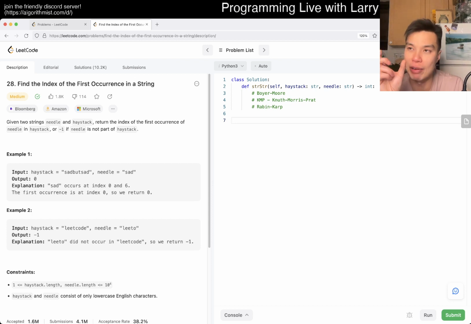Usually they ask it in a way where the string finding, the needling, is part of the problem, and you have to kind of know an algorithm, otherwise you're not solving it. There's no library for it per se, right?